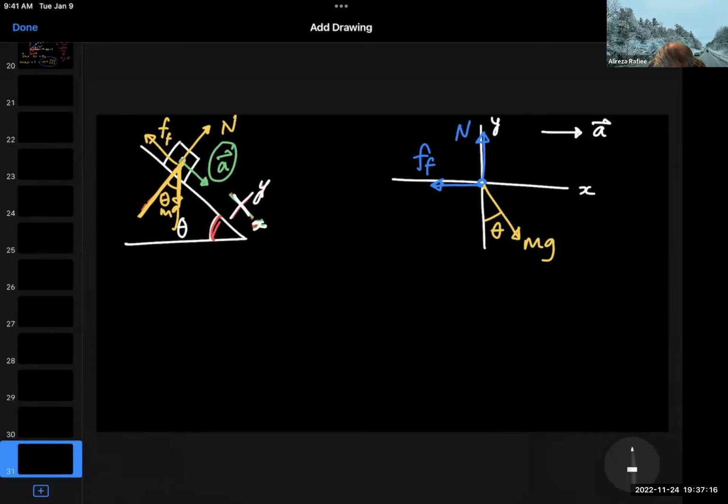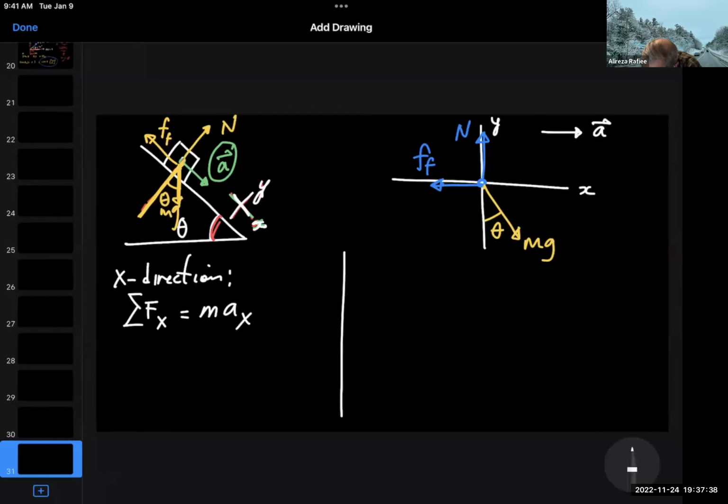So first, they will say x direction. And then they will look into the x direction and say, how many forces do I have? So I have F in the x direction, all of them. Add them together, and it would be the acceleration times mass in the x direction. Then you have the y direction.